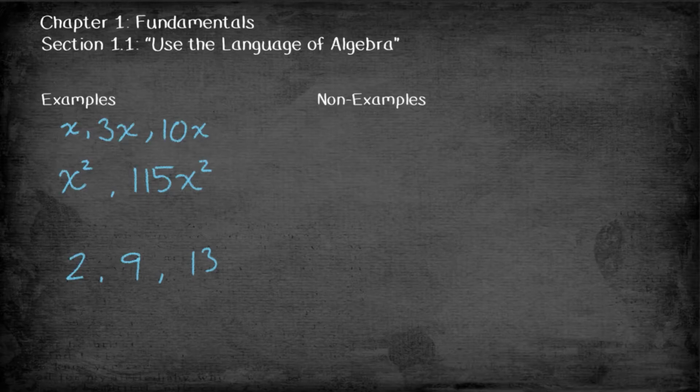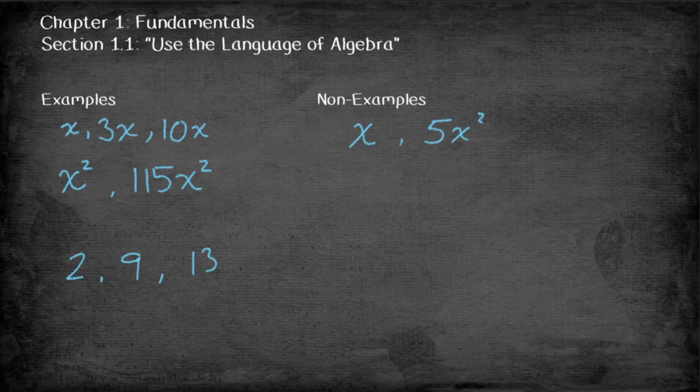For some non-examples, if we look at x and say 5x squared, these two are not like terms. They have the same variable x, but the exponent is not the same for both terms.